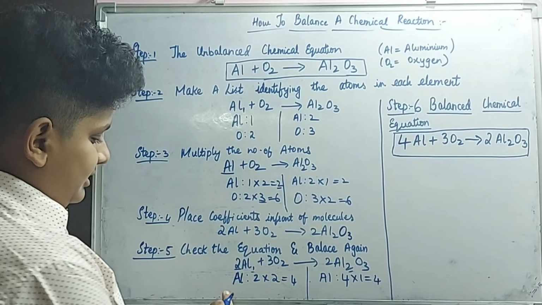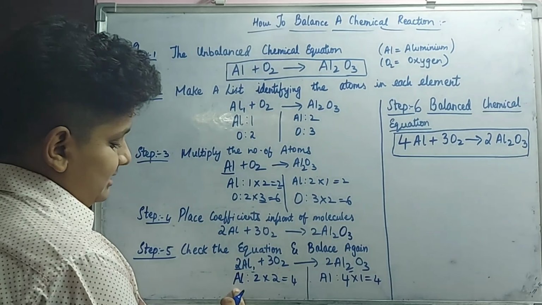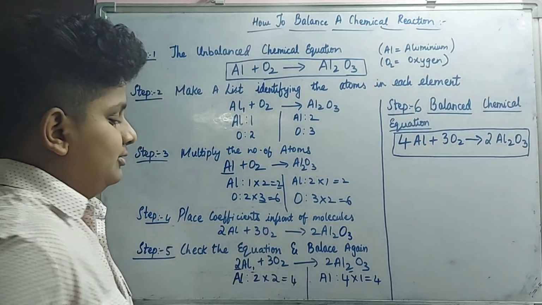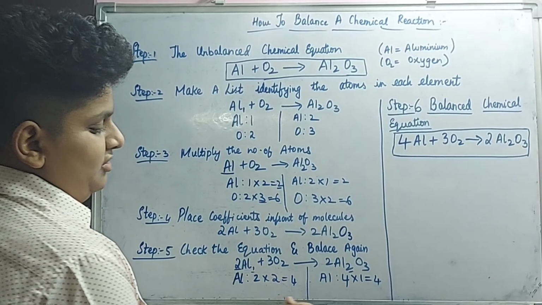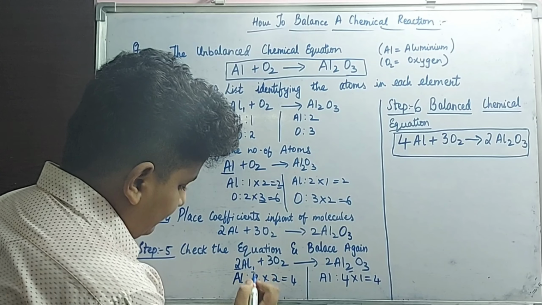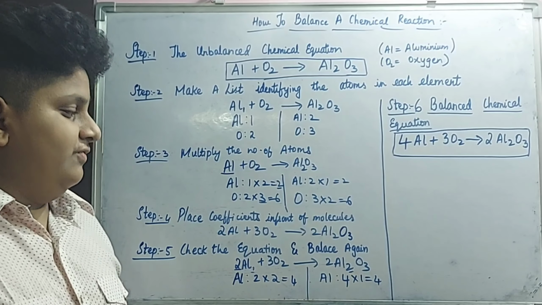Let's balance it. Here 2 into 2 is equal to 4. In this aluminium there are 4 atoms, so we should multiply with this 1 atom. Then 4 into 1 is equal to 4.